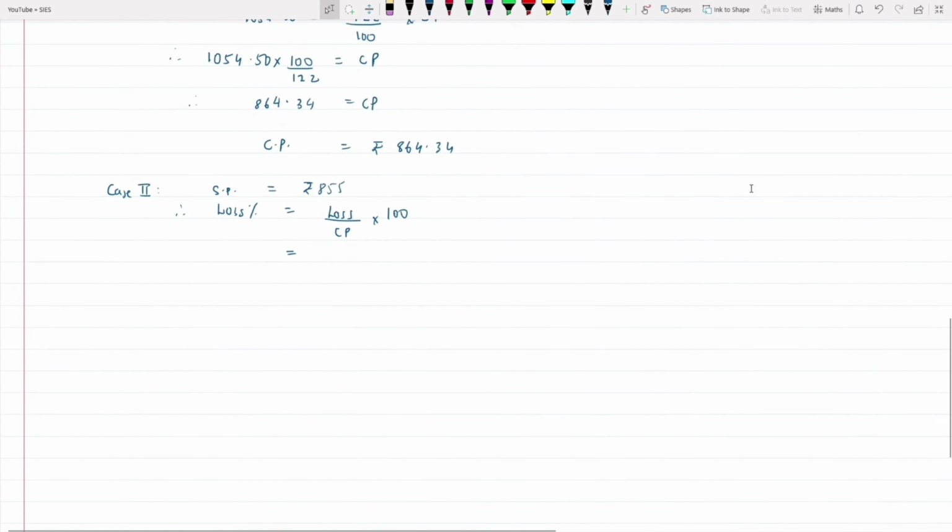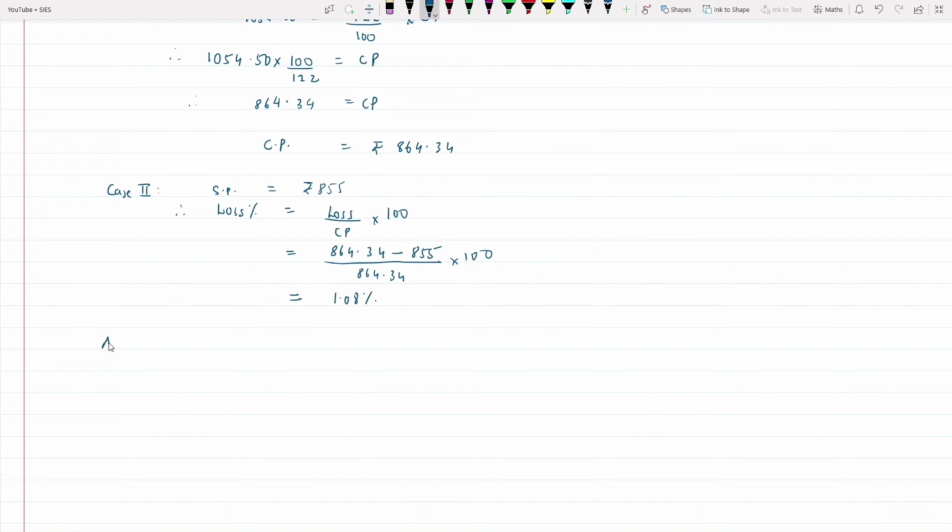We very well know the formula of loss. It is going to be CP minus SP, which is 864.34 minus 855, upon the cost price, which is 864.34, times 100.